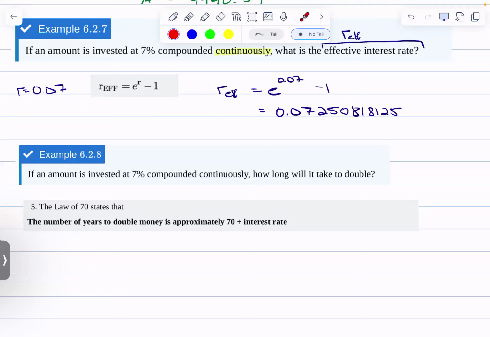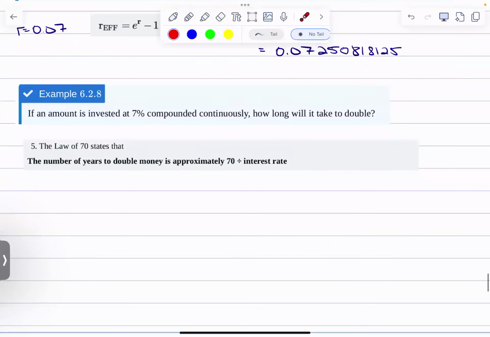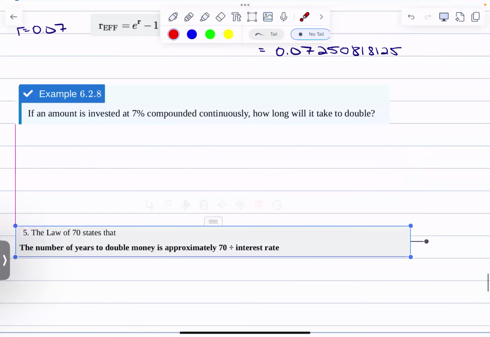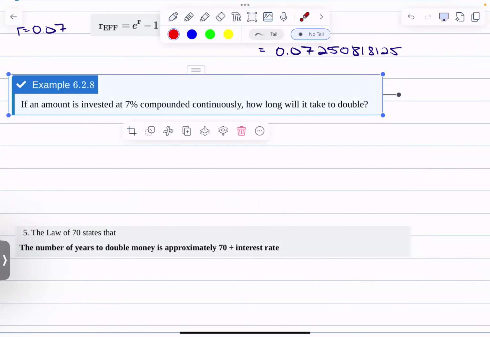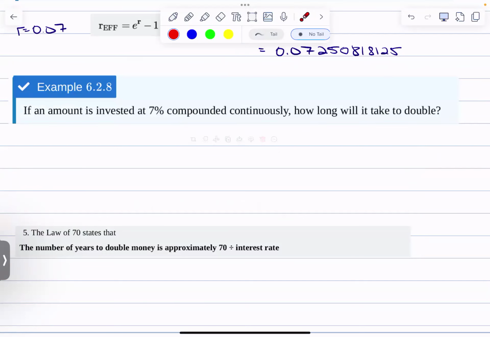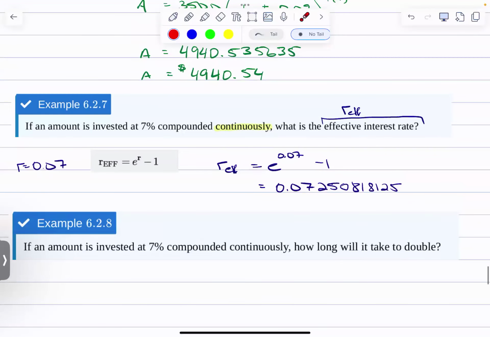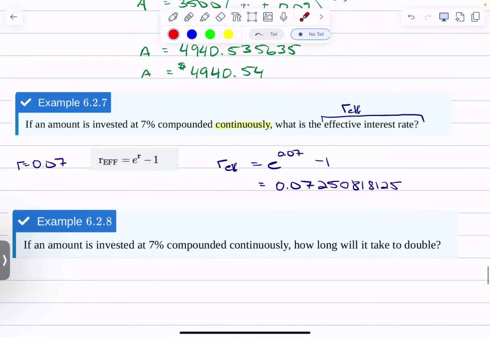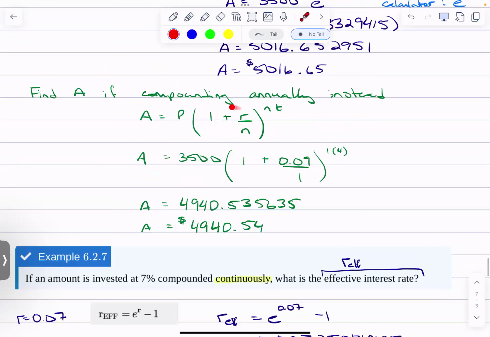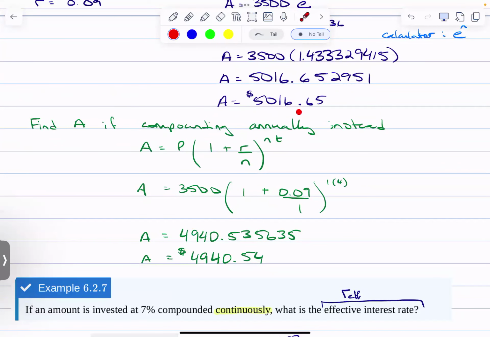They're different, sure, but going back here just briefly, this is the interest rate that I would need in this formula here, compounded annually in order for the A to become 5,016 and 65 pennies, right?